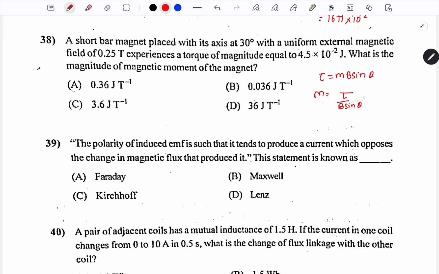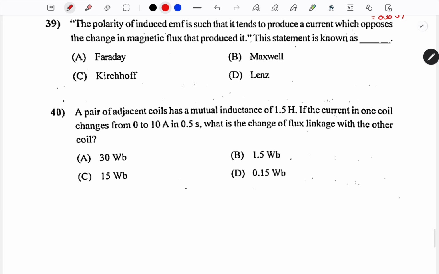Torque is given 4.5 into 10 to the power minus 2 divided by B 0.25 multiplied by sine 30, which is 1 by 2. So our answer will be 36 into 10 to the power minus 2, that is 0.36 joule per Tesla, option A. Correct.